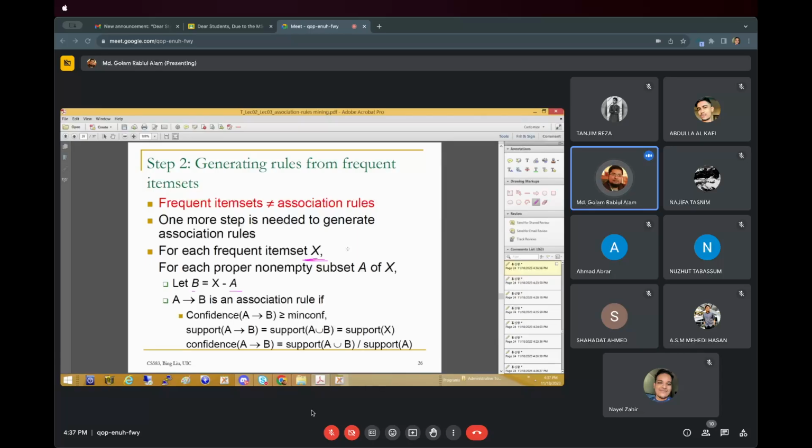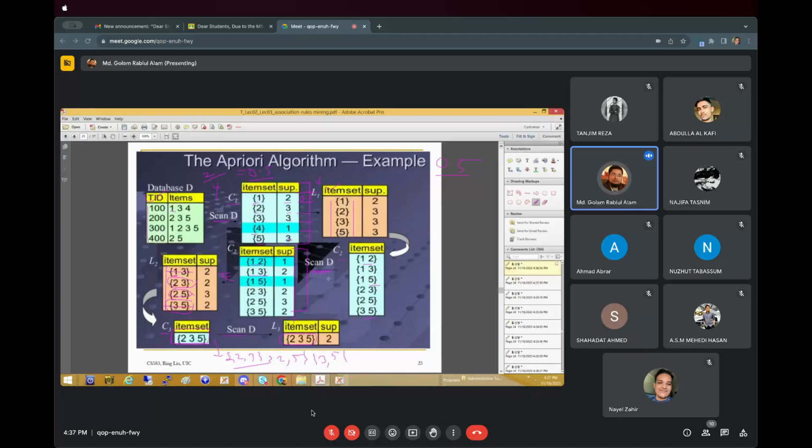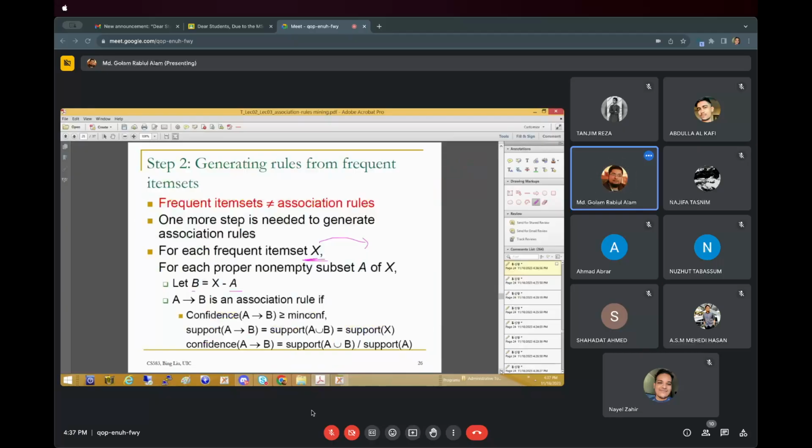In this case, maybe we have the 3-item set as we got already. Maybe the last one is 2 3 5.